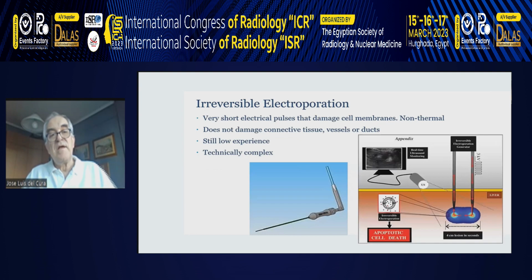And also the irreversible electroporation, that uses short electrical pulses to damage cells, and that has the advantage of respecting vessels and ducts. However, this technique still has low experience, is technically complex and is not very frequently used.